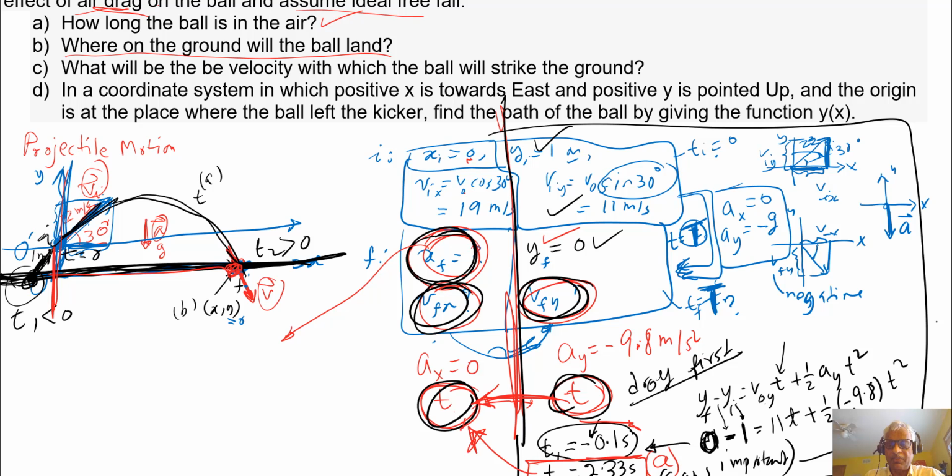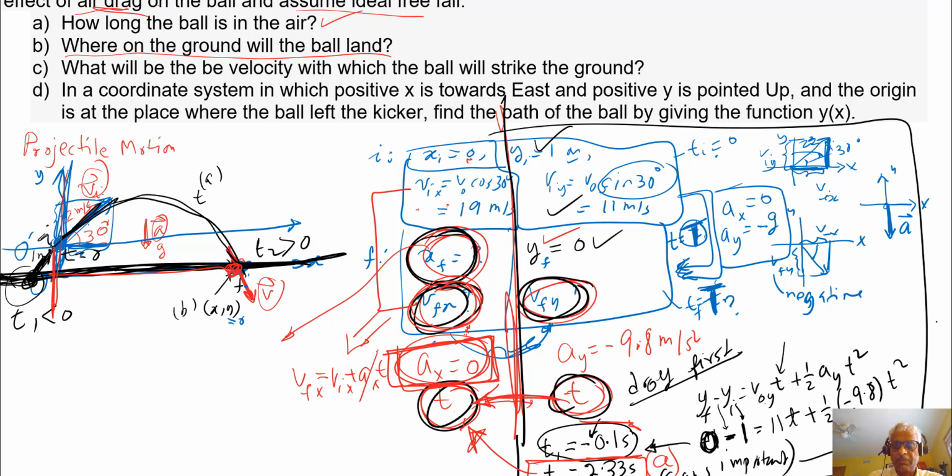Vy is 11 plus minus 9.8. Again, the sign became very important. And t is 2.33, and this turns out to be minus, I believe, 11.9 meters per second.